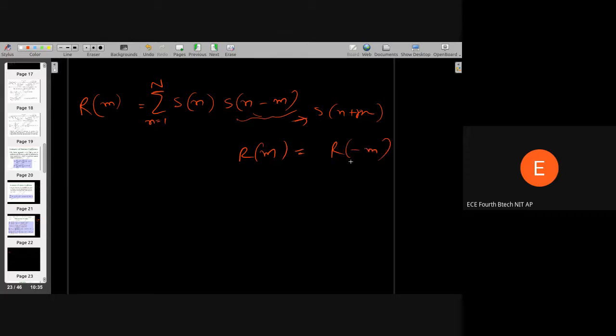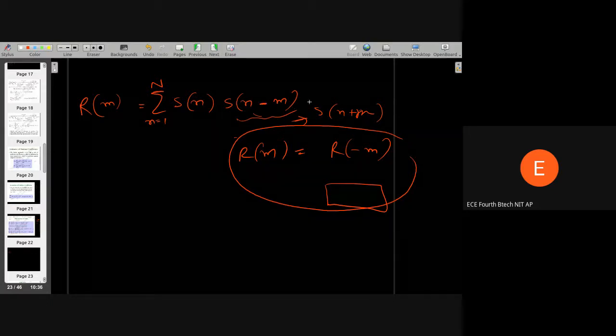You can find it out for any finite length signal, which we can consider as deterministic. This is going to happen. So whether the lag is positive or negative does not matter. It will give the same result. It is a symmetric function. So anyhow, let's take this definition. So this is our autocorrelation.